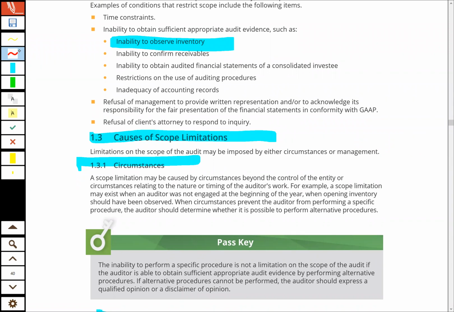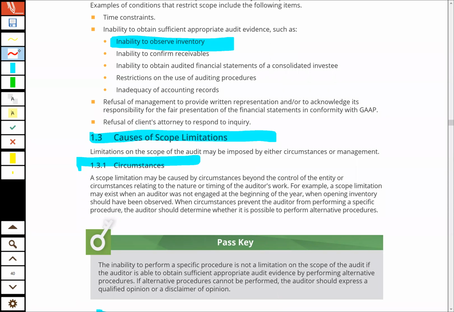So what happens? Let's say you hire me to do your audit of your 2020 financial statements, but you don't hire me until February of 2020. Now, if you don't hire me until February of 2020, do I know what your beginning inventory was for 2020?